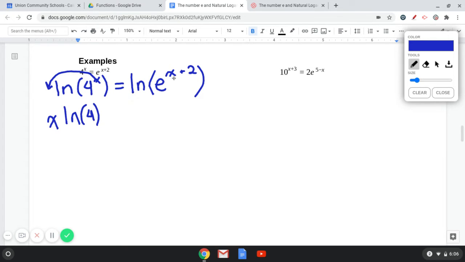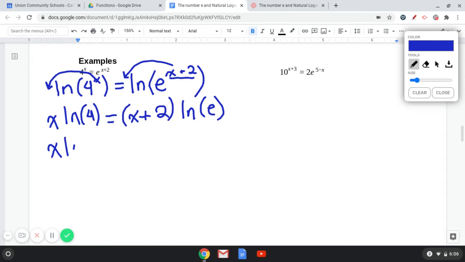Now the natural log of e to the x plus 2. First thing, we take this whole exponent, we can pull it outside. So this is equal to x plus 2, don't forget your parentheses, times the natural log of e. And remember what natural log of e is? That's just 1.